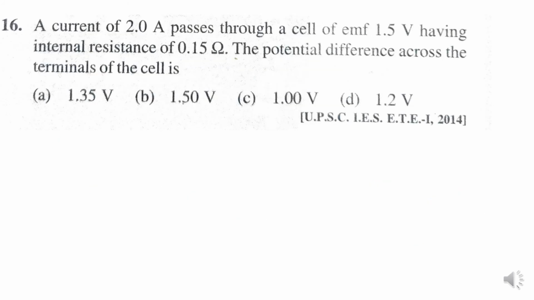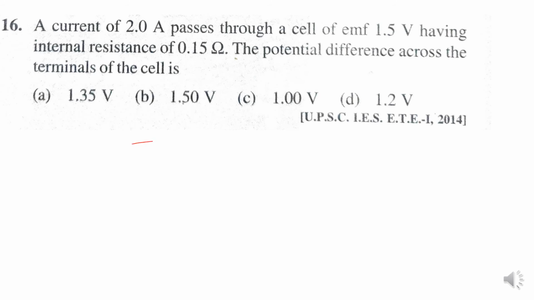Next problem: a current of 2 ampere passes through a cell of EMF 1.5 volt having an internal resistance of 0.15 ohm. The potential difference across the terminal of the cell is? Okay, now I am going to draw this.